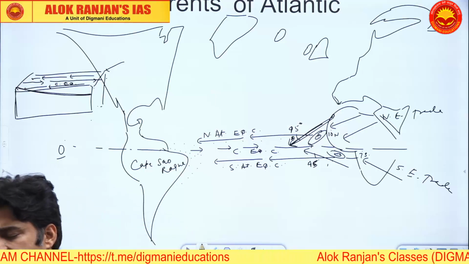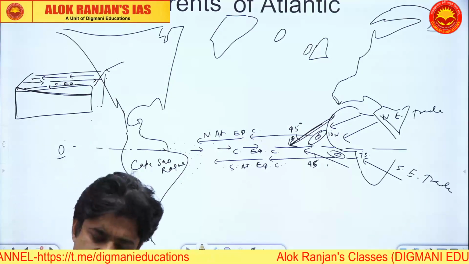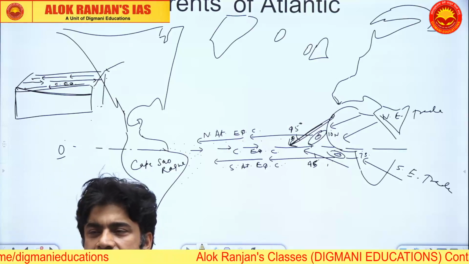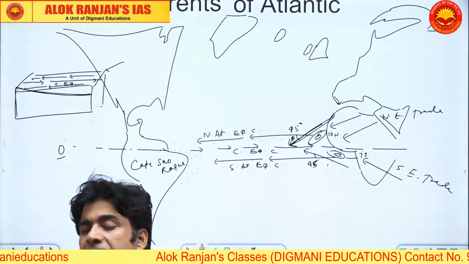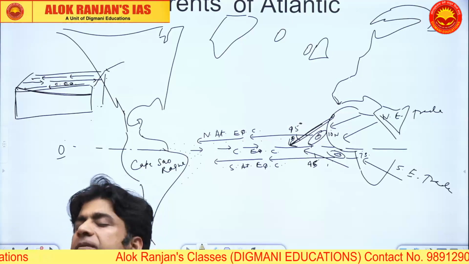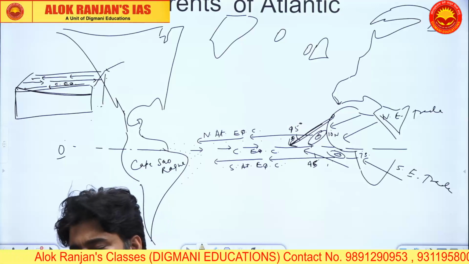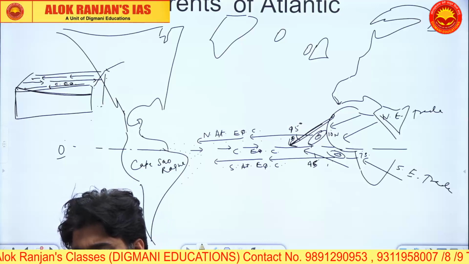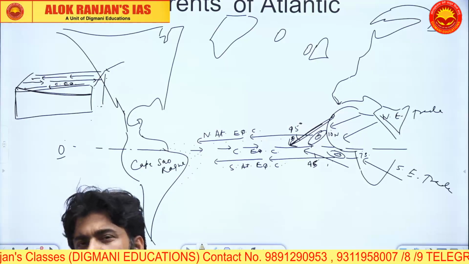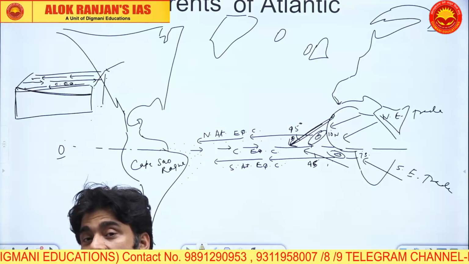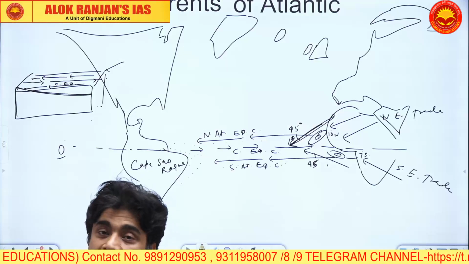Next लिखो effect on climate. Effect on climate. लिखो cold upwelling zones are associated with hot tropical deserts, meaning wherever you have hot tropical deserts, you will have cold upwelling zone.